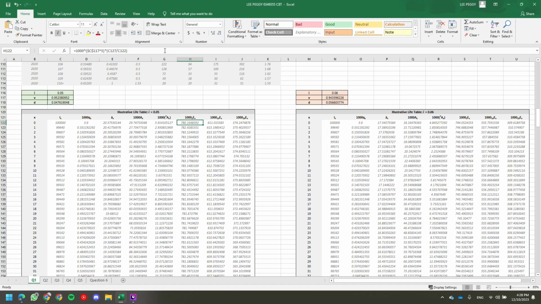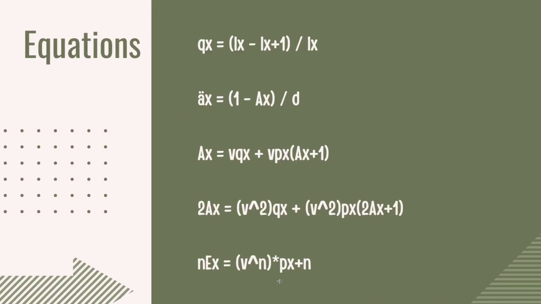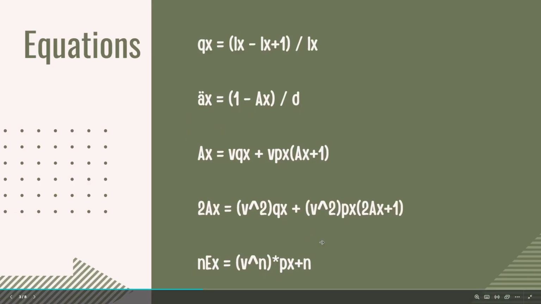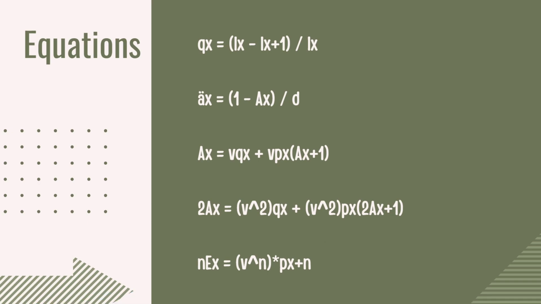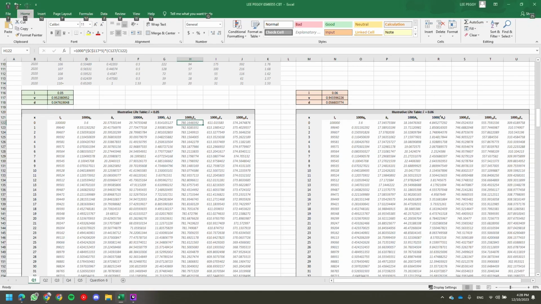So for nEx, the formula will be v power of n times px plus n. In this case, our nEx is 5Ex, so we will have v power of 5 and px plus n equals to lx plus n over lx.